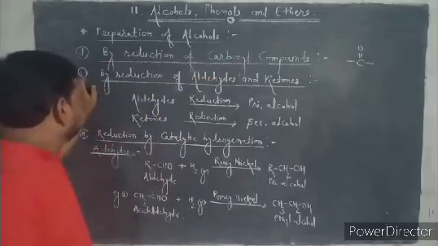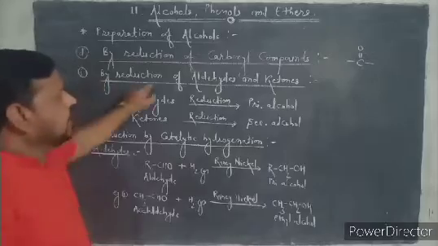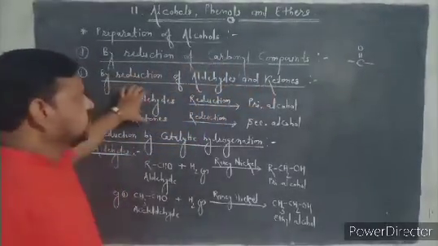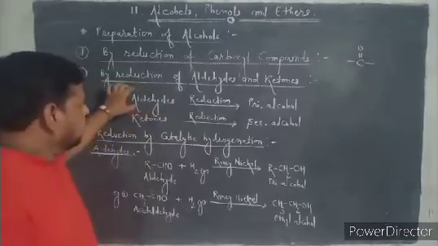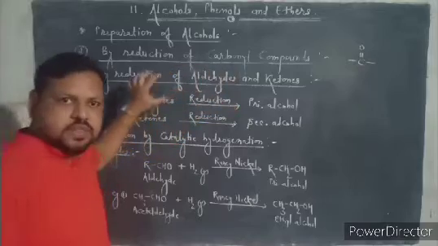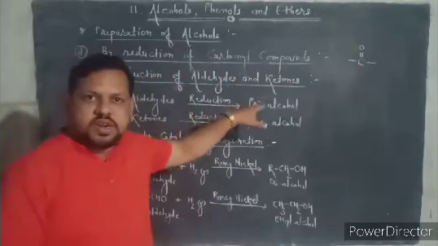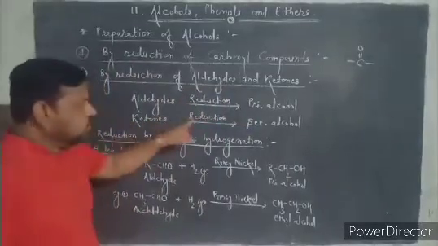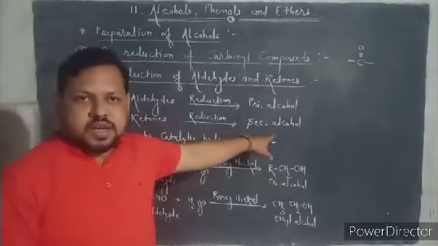Then, first, preparation by reduction of aldehydes and ketones. Aldehydes and ketones on reduction give alcohol. Aldehydes on reduction give primary alcohol, and ketones on reduction give secondary alcohol.